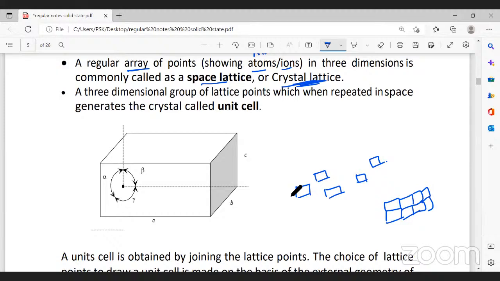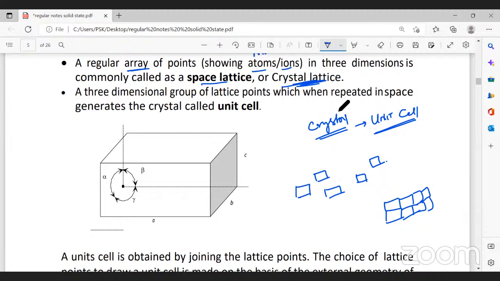Now, if we have to construct a crystal, we need to understand something called a unit cell. What is this unit cell?